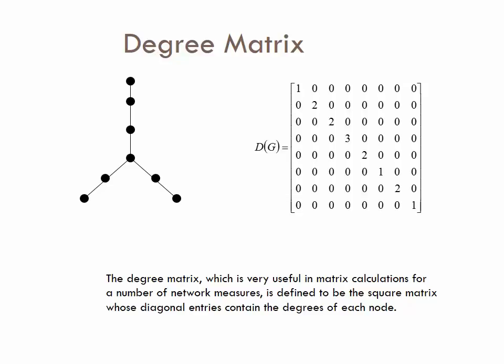So again, if we look at row 4 or column 4, we have a 3, because node 4 is degree 3. It is the only node of degree 3, and that's the only 3 on the diagonal. Now you might think, well, why have a matrix for that information where you've got zeros everywhere except for the diagonal? But we will see that we use this matrix in various matrix equations to obtain other numerical values for the network.